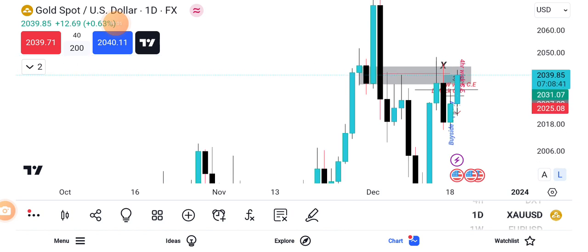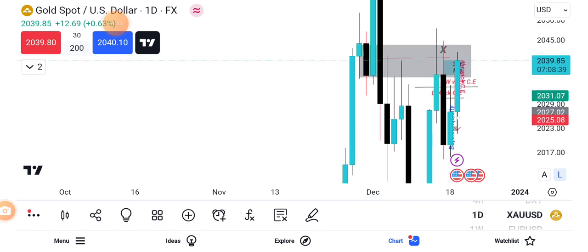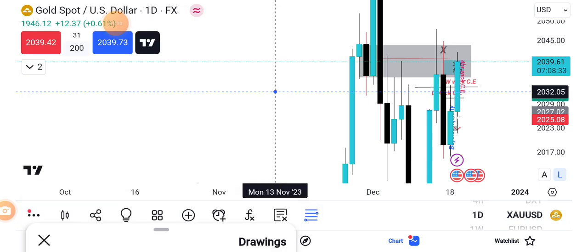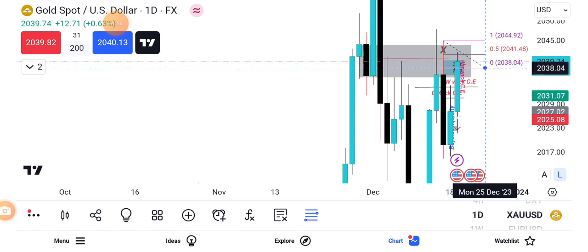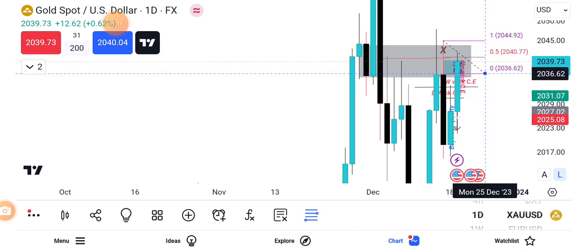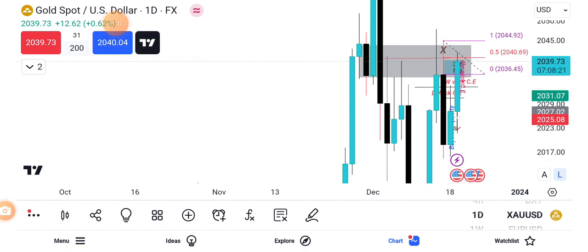Was it a daily order block? Yeah, the market has tapped into the constant encroachment of this week. It has tapped into it.